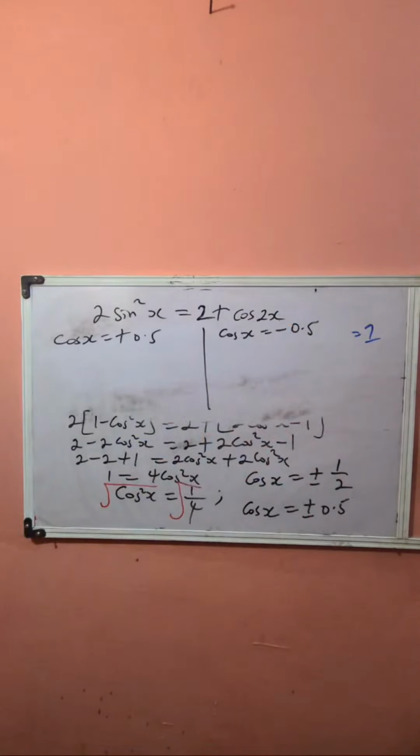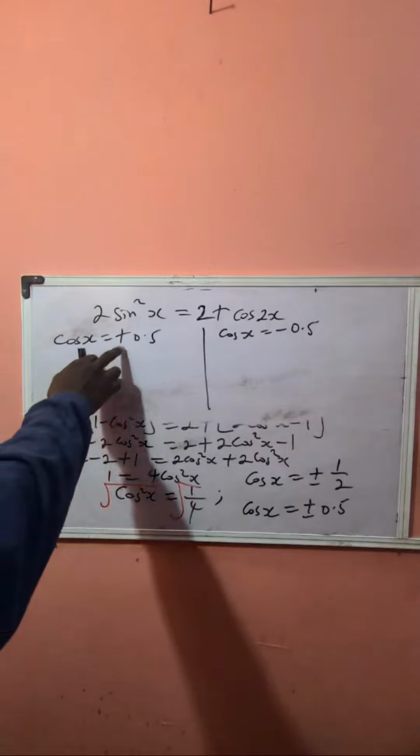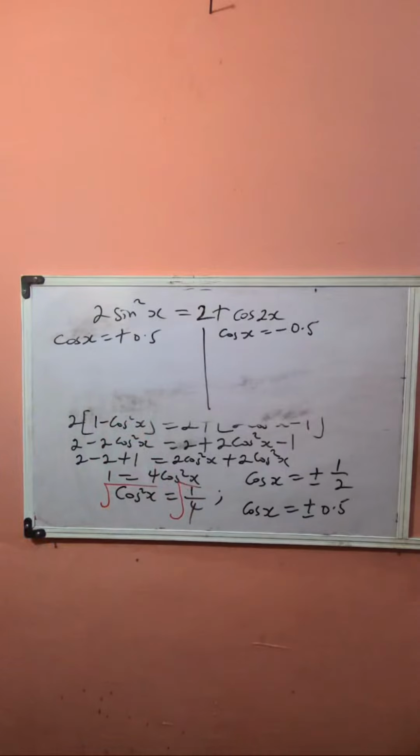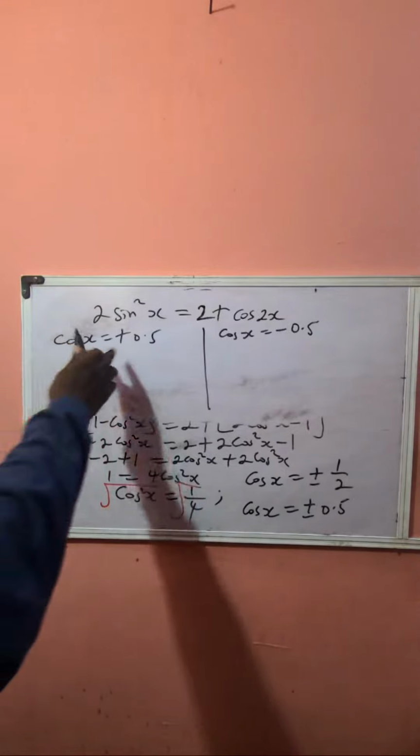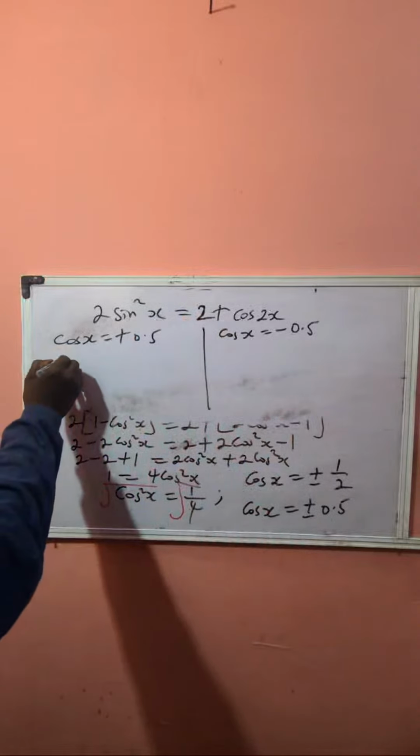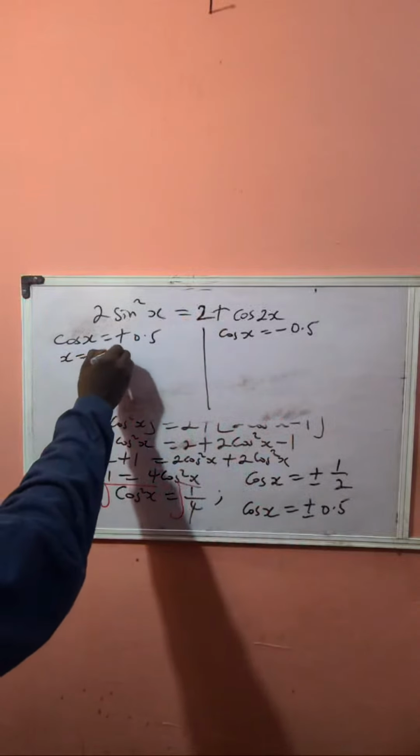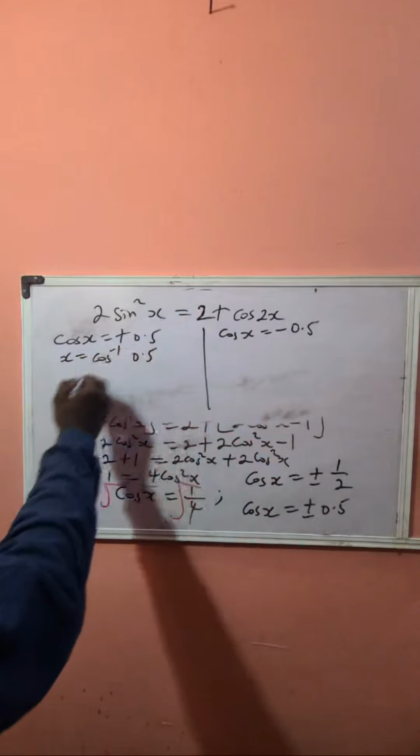So you can go on at your own side to try and resolve this, and let's see how you're going to fare. Looking at the left-hand side, I can see my sign here is positive, but before you examine the positive or negative, you have to first say x equals arc cos 0.5.